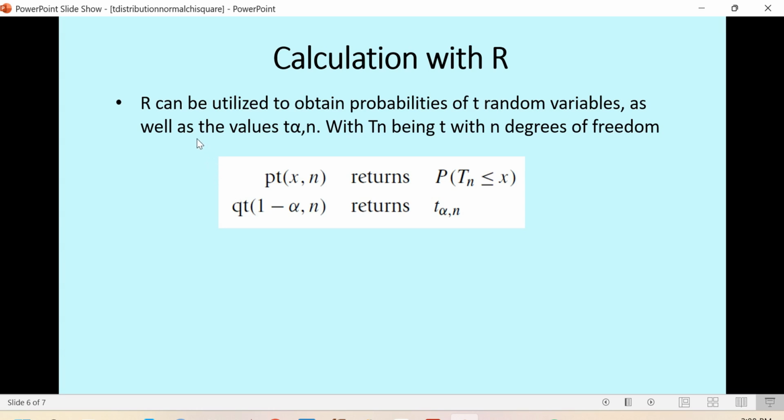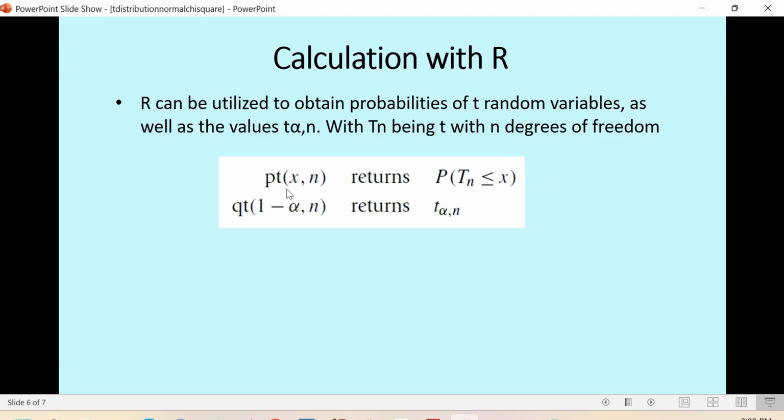You can also use R programming to calculate the probability or quantile value. The quantile value has the same meaning as the t critical value. For example, we can use the pt function in R to calculate the probability of the random variable t being less than x. pt(x, n) gives the cumulative probability of all t values less than x, where this t distribution has n degrees of freedom.